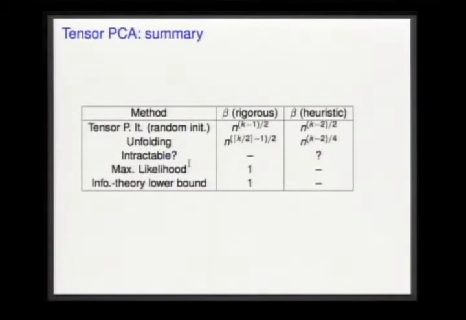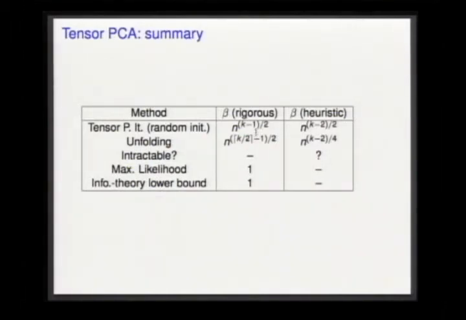So the summary of our results is that if you start with a random initialization, as we were doing for regular PCA, we need the signal-to-noise ratio to be of the order of n to the k minus 1 over 2. Whereas if you start with the unfolding kind of algorithm, so you unfold several times your matrix and compute the PCA, you need n to the k minus 2 over 4.